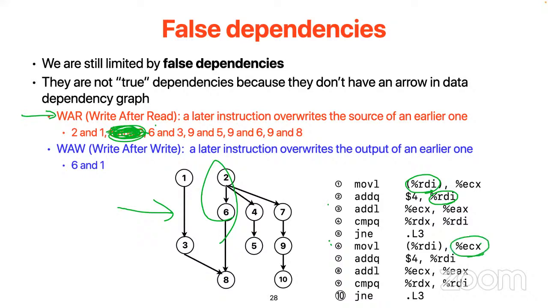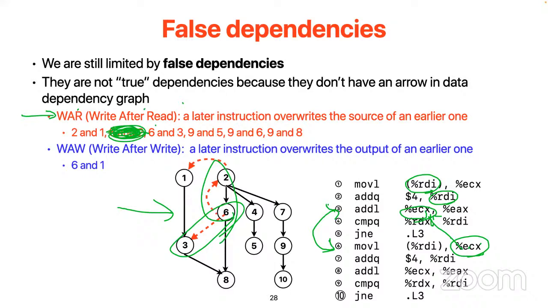For 6 and 3, 6 is generating a different ECX. If you move this instruction with 3, even though they do not depend on each other, this one is overriding ECX. So 6 and 3 is definitely a case of write after read.